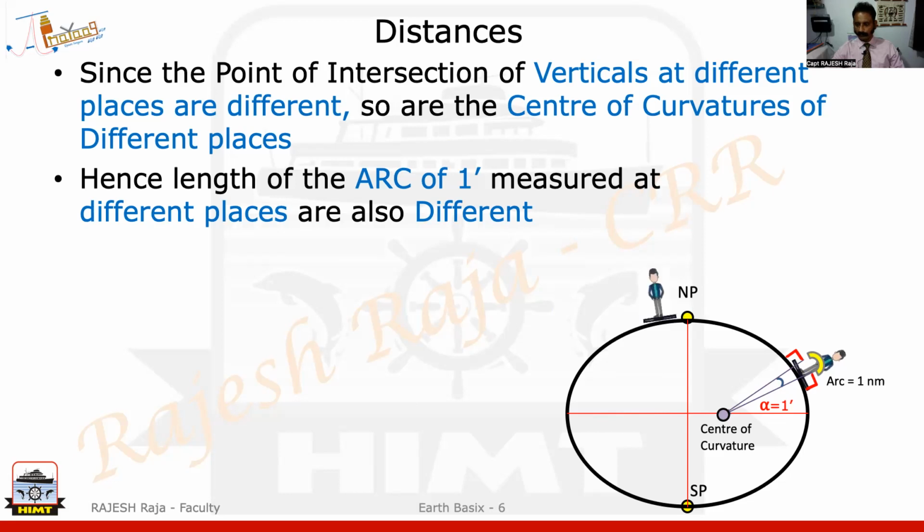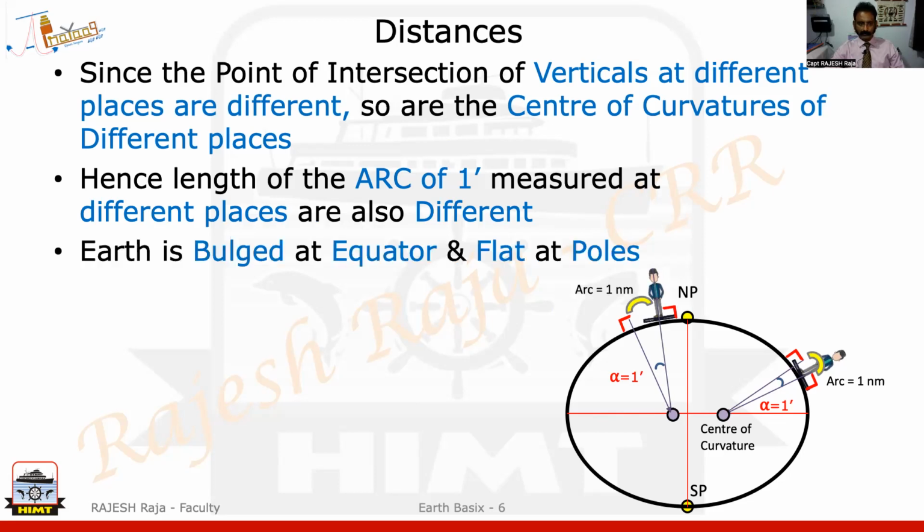So I'm going to show you one more place near the poles. Let us call the first one near the equator. The second man is somewhere near the poles. This is the vertical center of curvature, subtending the same angle of 1 minute. And I draw one more vertical, but this time this arc is going to be more than what we saw near the equator.